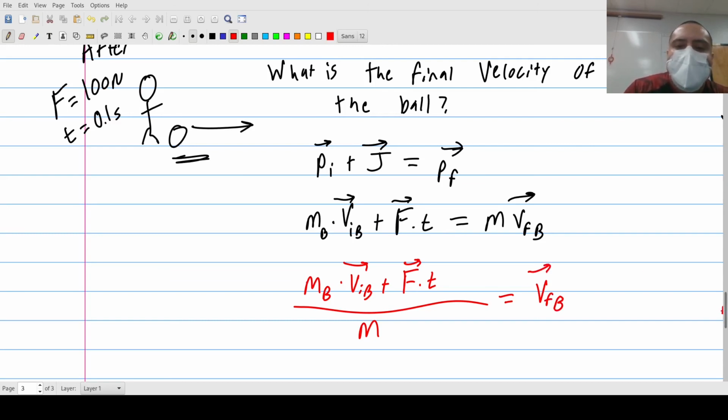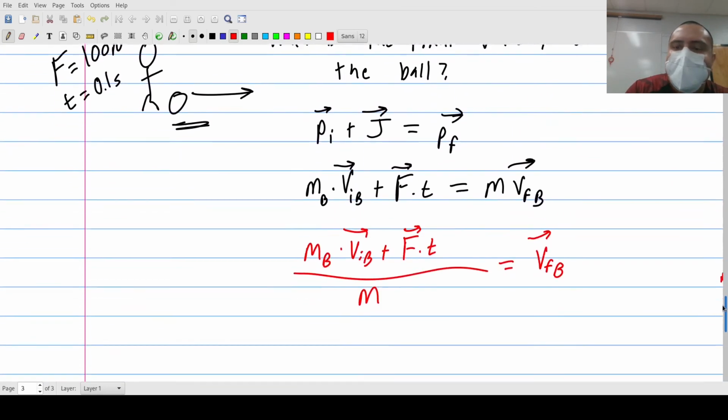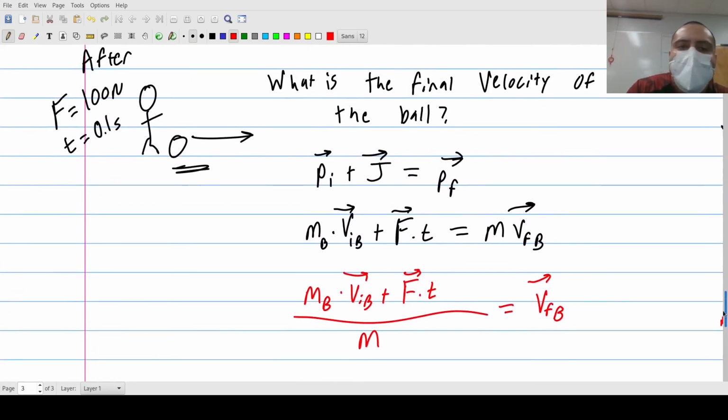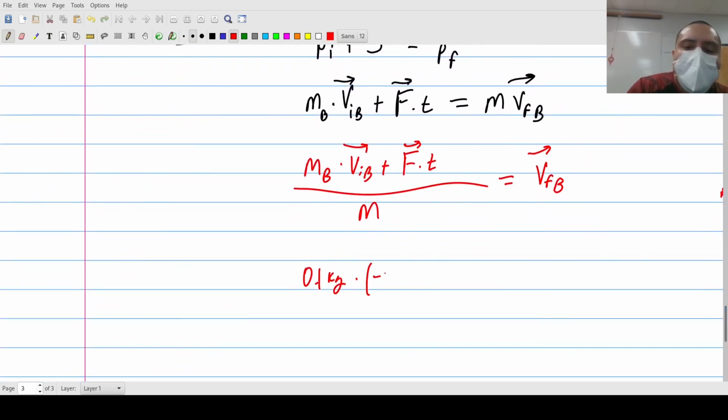Okay, so when we do this, let's plug in some numbers. The mass of the ball was 0.1 kilograms. So 0.1 kilograms times V initial of the ball. It started moving at negative 3 meters per second, plus, what was the force he used?